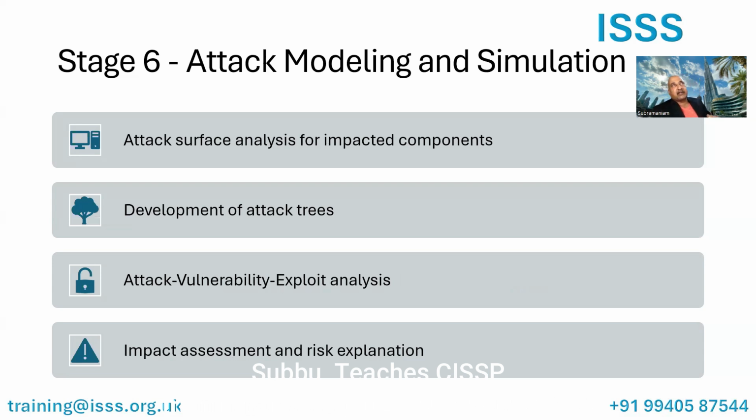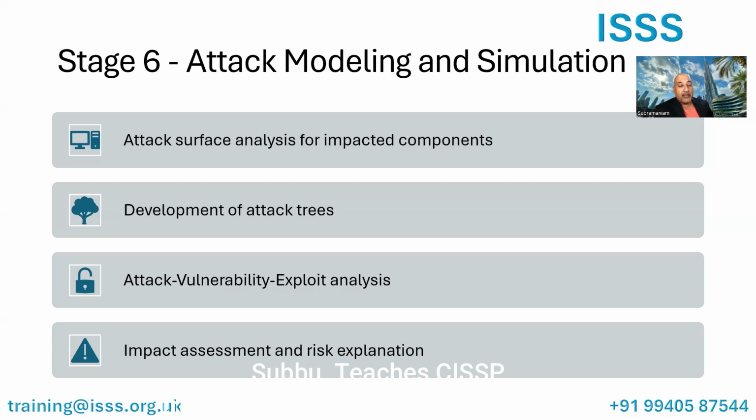For example, the attack surface is the web interface: who can actually access it? Is it going to be open to the public? If not the public, then somebody has to establish VPN connectivity, and then it's only the authorized users. And for the actual system in the data center, even the administrators can access it physically. So we need to understand the threat surface analysis for the impacted components, attack trees, attack vulnerability exploit analysis.